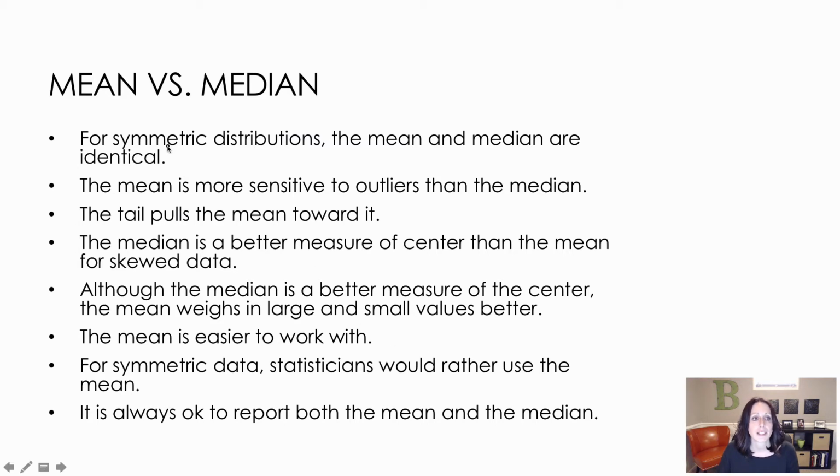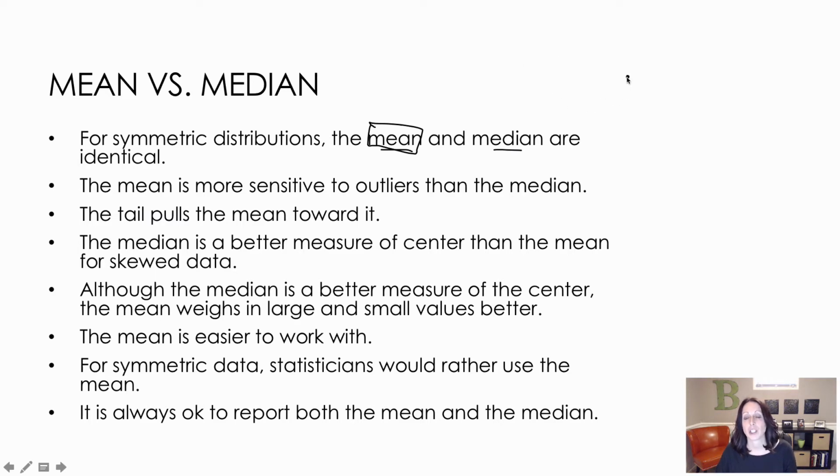Well, if we're dealing with a symmetric distribution, if it's truly symmetric, exactly the same, the mean and the median are going to be exactly the same value, although typically then we would use the mean. However, if I'm dealing with an average, remember mean is an average, and if I have whatever my average is and I add a very, very large value or a very, very small value, that mean is going to be pulled in whichever direction.